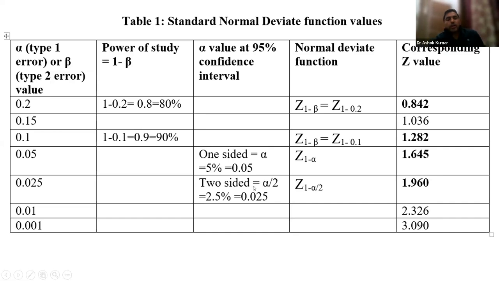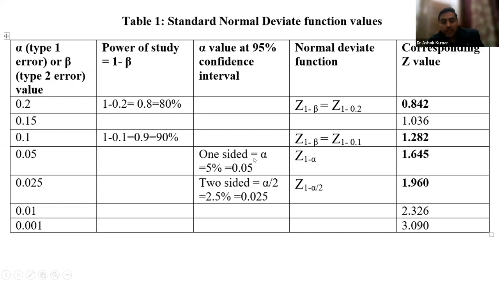But as I told you, in descriptive or cross-sectional studies, we always take this two-sided alpha, not one-sided. So we take Z1 minus alpha by 2, and the corresponding Z value is 1.96.